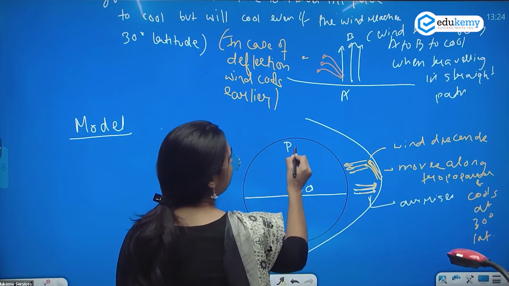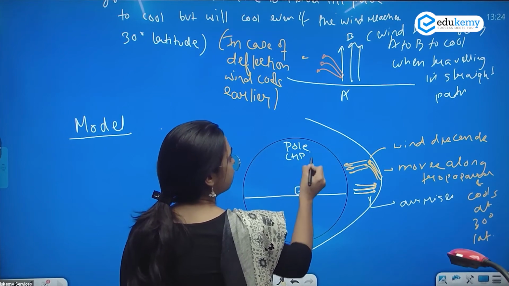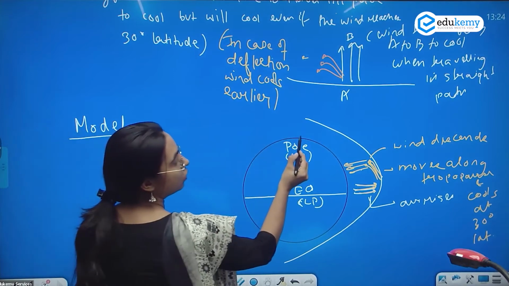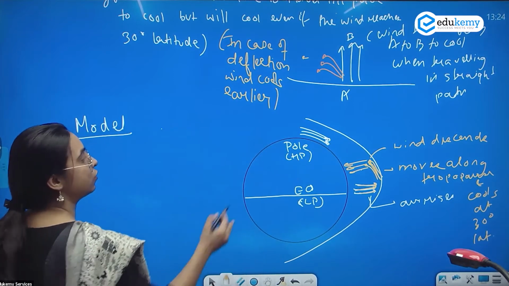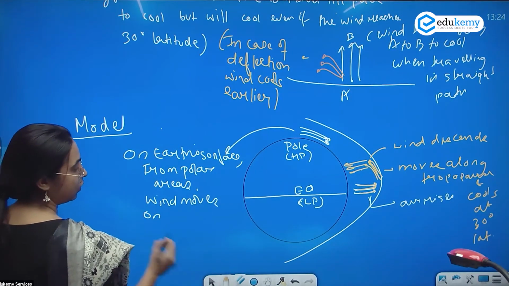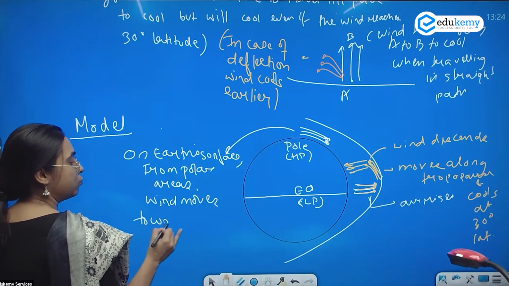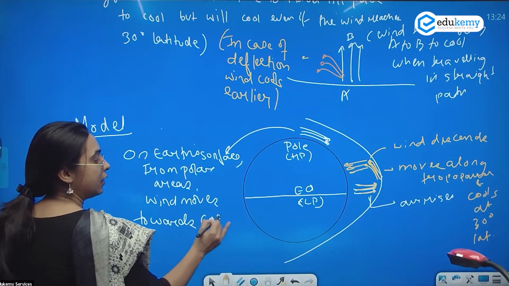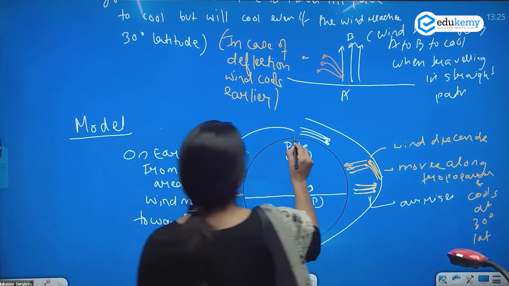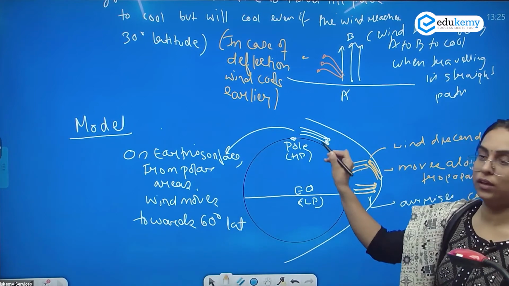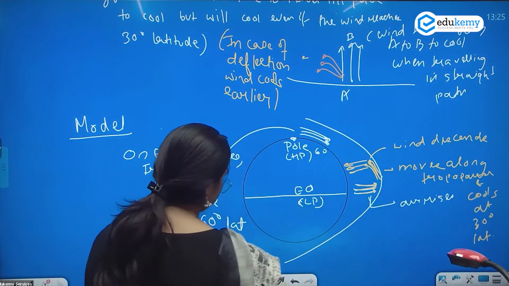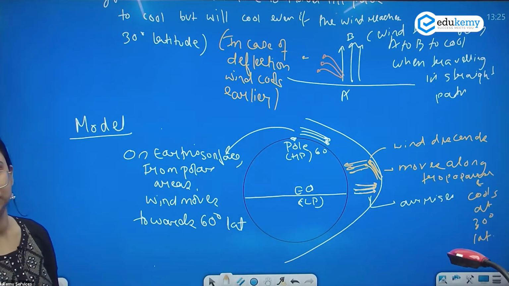You can write pole: there is high pressure. There is low pressure. From the polar areas, the wind on the surface of the Earth is moving towards the 60 degree latitude.